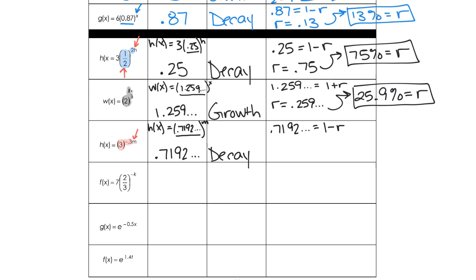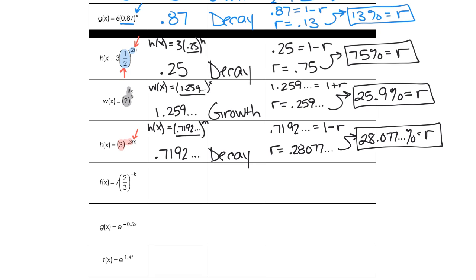We'll divide by negative 1 so that we end up with an r value equal to 0.28077. And we'll change it to a percent by moving the decimal or multiplying by 100, and we end up with 28.077% equals our r value, or our rate.